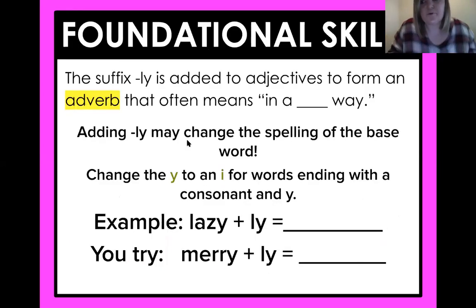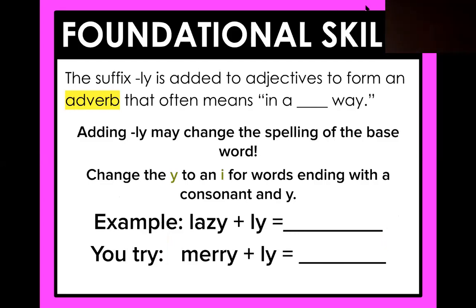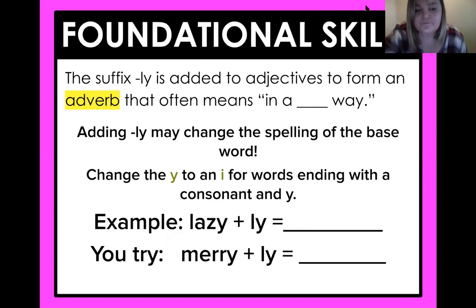So our suffix work today for foundational skills is working with this suffix "ly." Now, when you are using that suffix, you're adding it to an adjective. So you're going to form an adverb. An adverb is something that describes a verb.